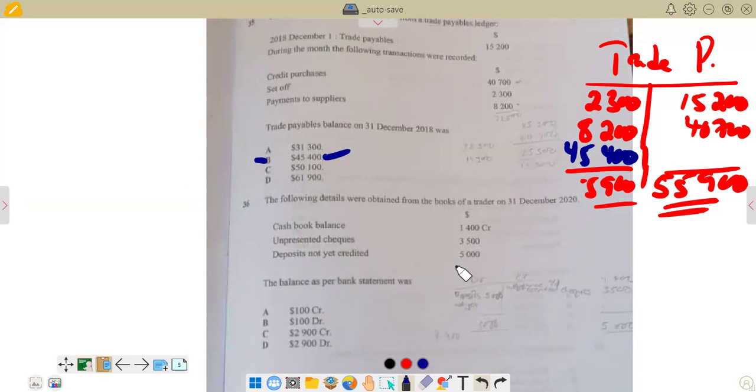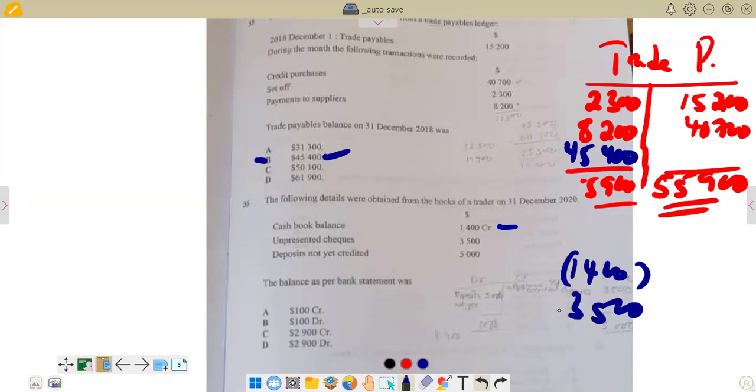So what we are supposed to do, remember, we're starting with the cash book balance. We are given it as a credit balance in the cash book, so it means it's a negative balance when it's a credit. So we are just going to present it as a negative. And obviously we are supposed to add the unpresented checks, which is 3,500.